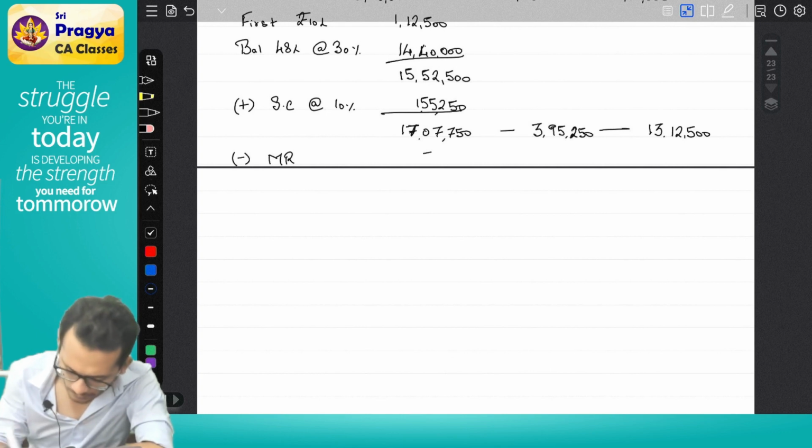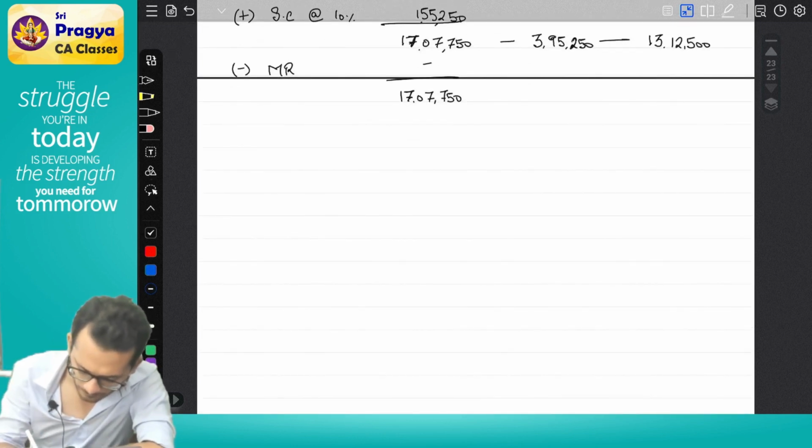Marginal relief is 0. You will directly get your number as 17,07,750. On this, you will add health and education cess at the rate of 4%.